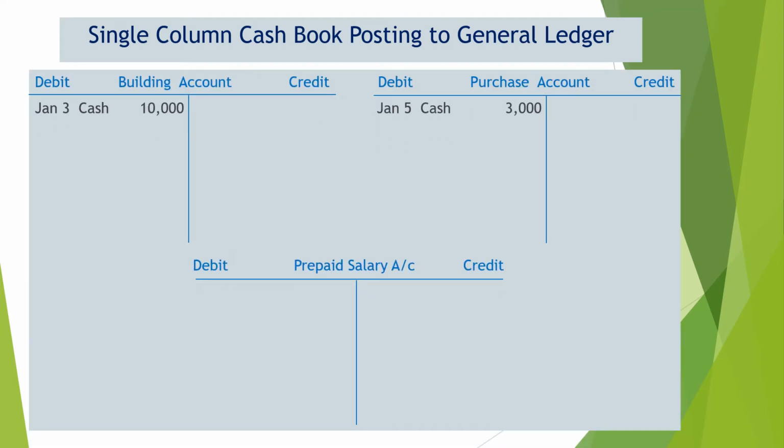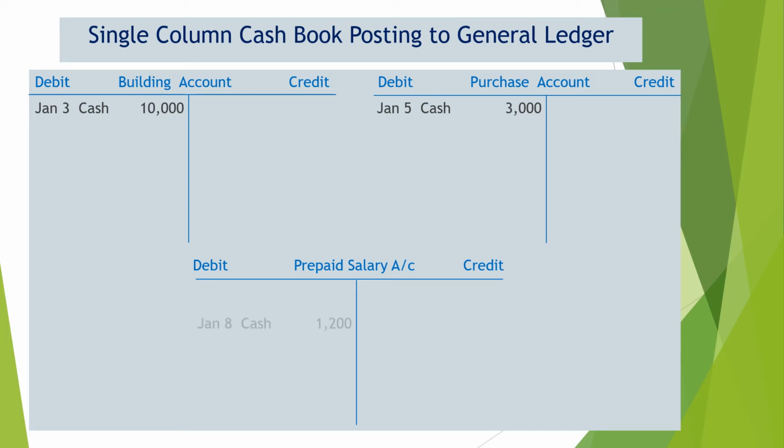Here the accounts appearing on credit side of cash book are being debited in their individual accounts. Building increased, so debited. Purchases or goods increased, so debited. And prepaid is also an asset which was debited as increased.